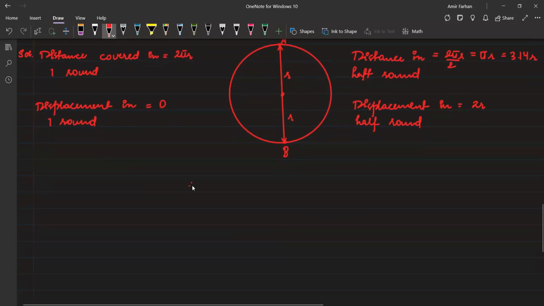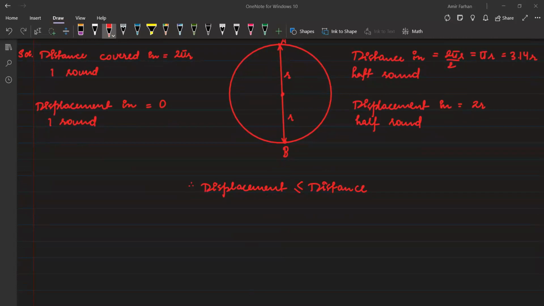Now, from this we can conclude that displacement will always be less than or at maximum equal to distance. So in the case in which distance and displacement are equal, it means that no other path is present between those points.